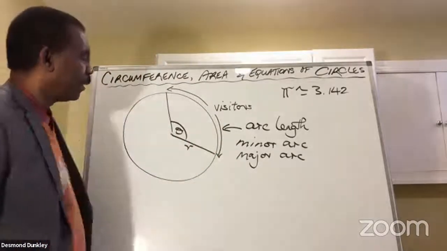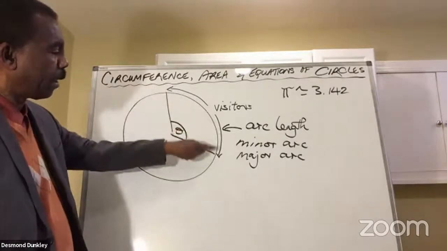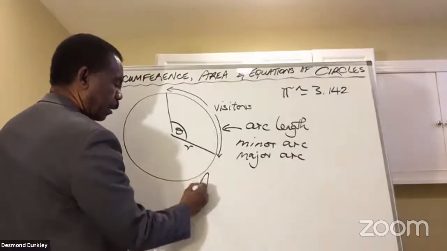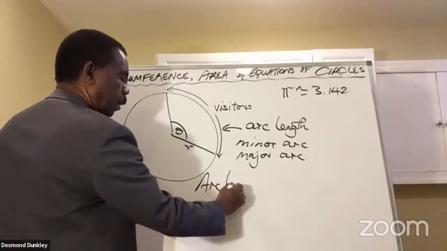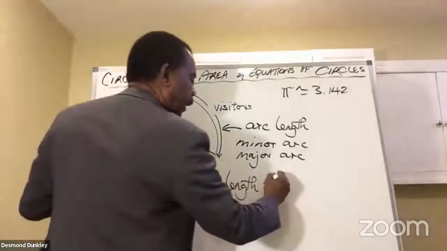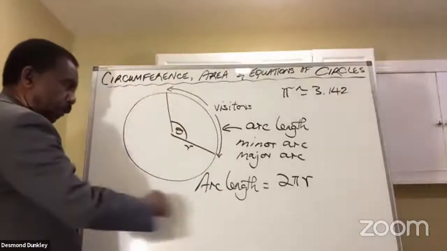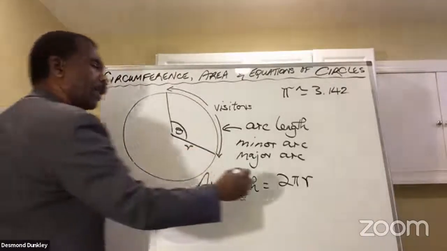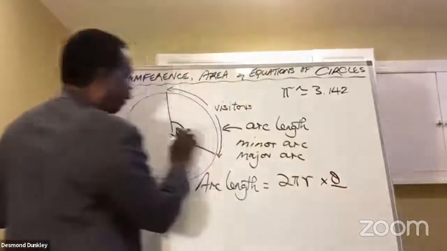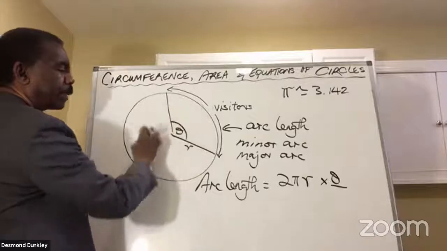Okay, good? So the question is, what would be the distance, what would be this arc length? And the answer is, the arc length would be equal to the length of the entire circumference times the angle here at the center over the total angle for the circle.